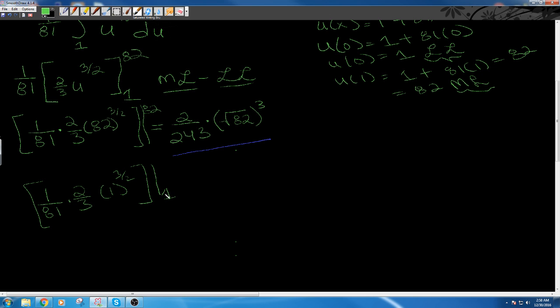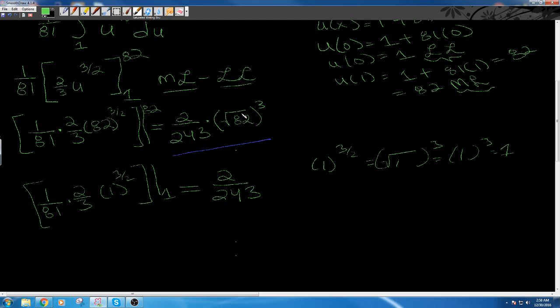And the lower limit is going to equal 2 over 243, because the square root of 1 is just 1, and then 1 cubed is 1. Everybody see that? Because 1 is the same thing as the square root of 1, which is just 1, cubed, which is just 1. So we're going to have 2 over 243.